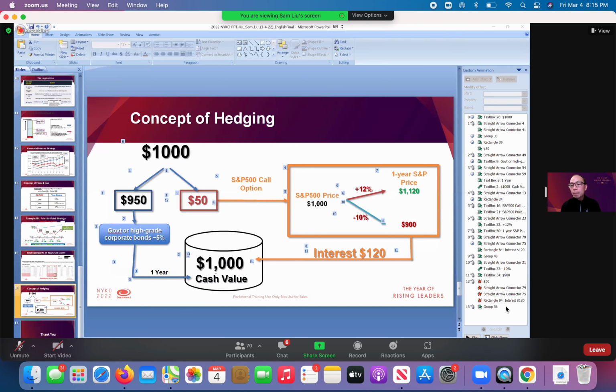That's all it means. So if the market goes down on the call option, so you're going to lose that 1,000? Like, for example, 10% market goes down, your no, 1,000. Remember, the original $1,000 is already there.